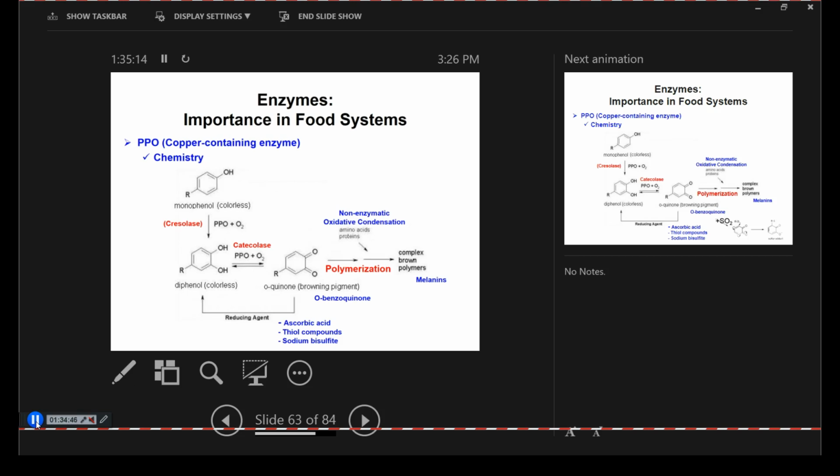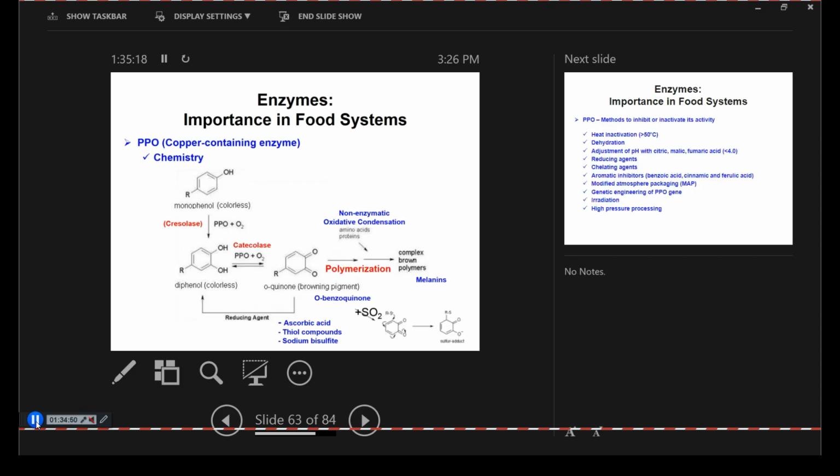These can be added to reverse the reaction and prevent it from moving forward. Sometimes you use sulfur dioxide as a reagent to prevent browning, like in dry fruits. What it does is form sulfur adducts, and these will not be involved in polymerization.